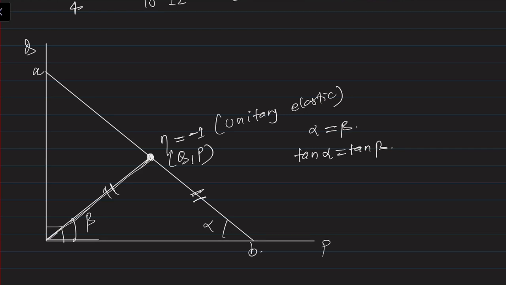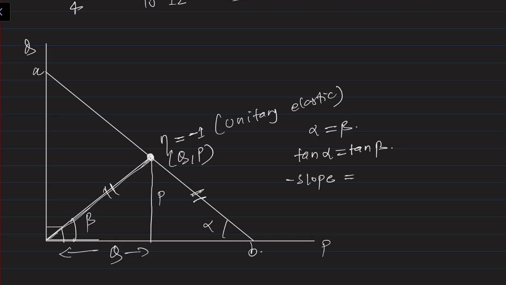Now what is tan alpha? So tan alpha is negative slope, because the line is downward sloping. What is tan beta? Let me drop a line from the midpoint to the horizontal axis. So this is P and this segment is Q, right?